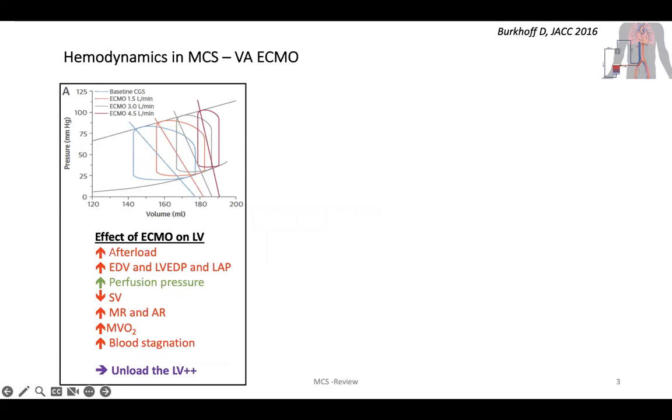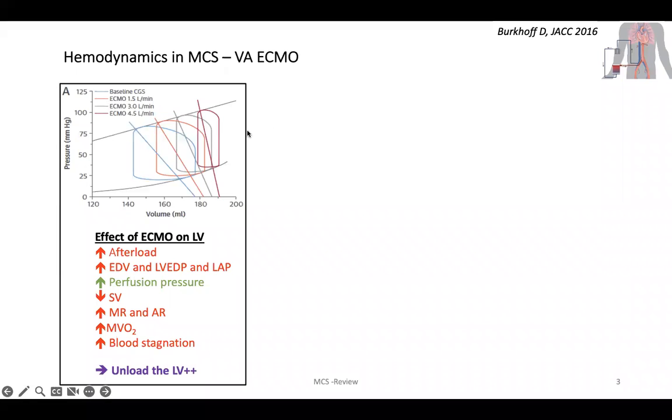So probably you already saw this picture. It comes from a paper published a couple of years ago now. Basically, what you need to understand is that these are PV loop curves modeled for patients who are under VA ECMO.